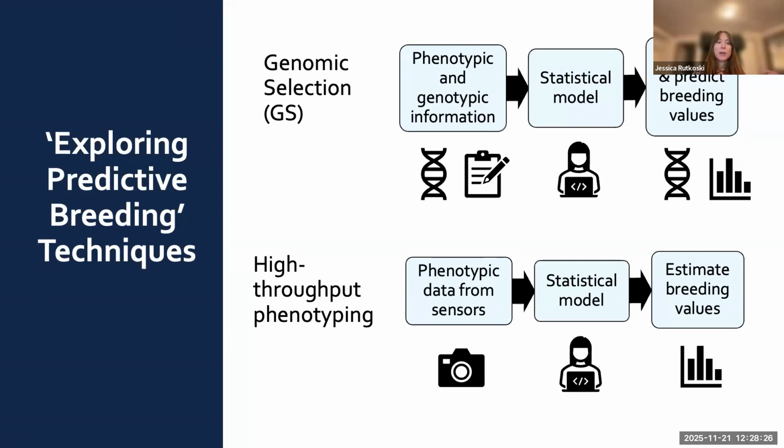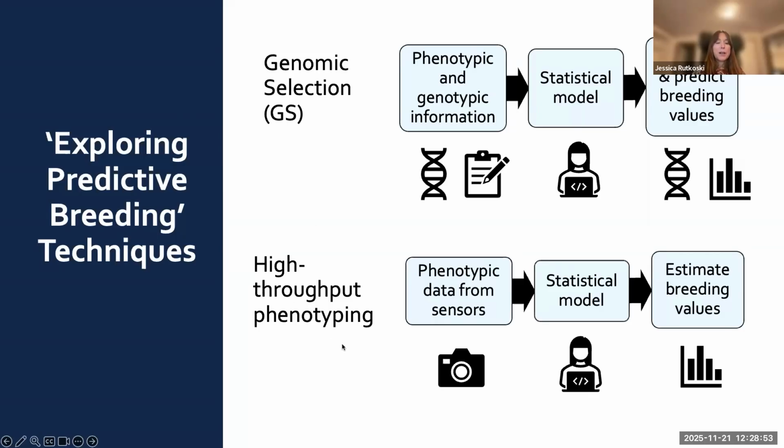But now we've got some more techniques we can incorporate, like more predictive breeding approaches, genomic selection. And maybe genomic selection should be considered a low-hanging fruit at this time, but I'd say it still can be considered a more advanced technique depending on where your crop is and your familiarity with it.